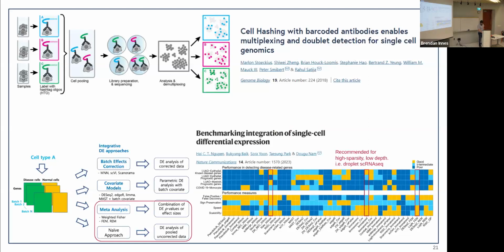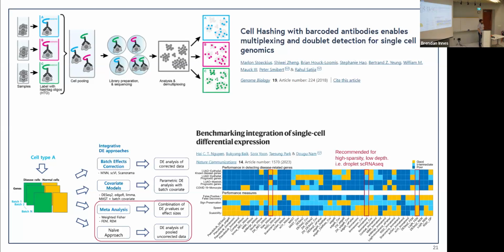The things that win are either just doing Wilcoxon on the normalized data, nothing crazy, or doing a meta-analysis, combining differential expression testing within each study on just the fold change.